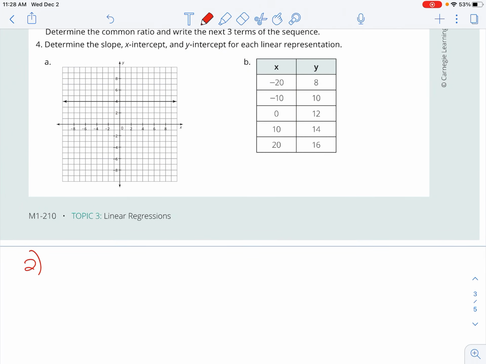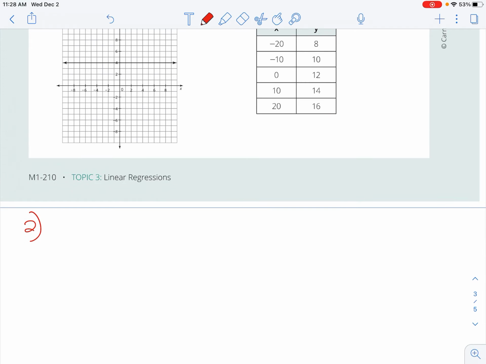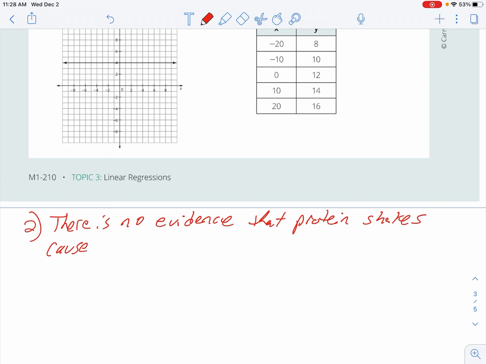Not quite. Okay, so I'm going to do my answer down here. Not quite. There is no evidence that the protein shakes cause him to shoot better. Okay, so that's obviously not going to influence that.